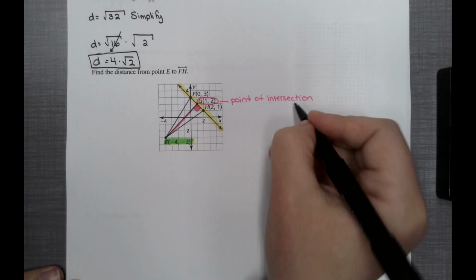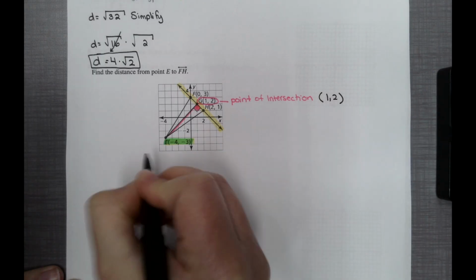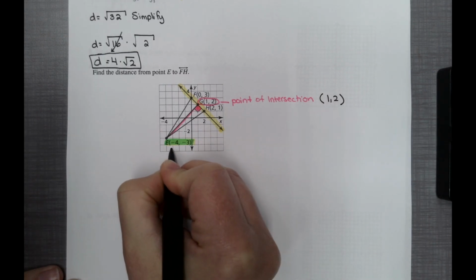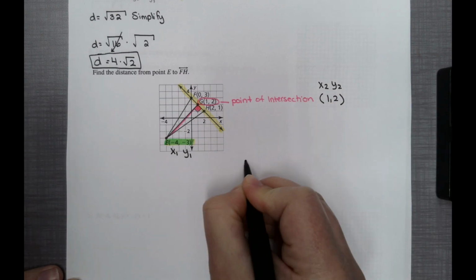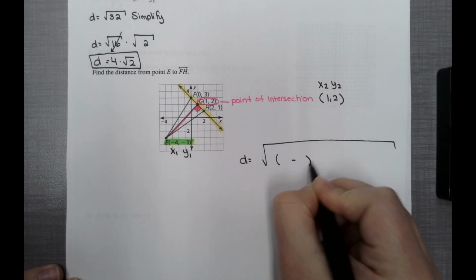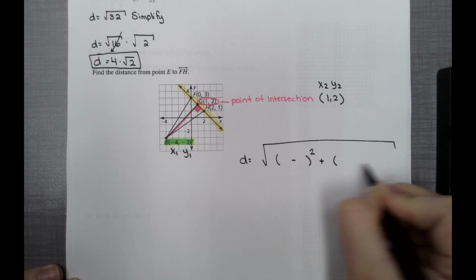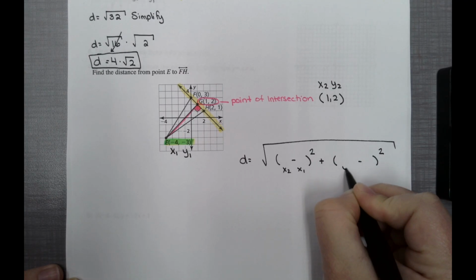So the point of intersection, with the right angle, is 1, 2. The point here is -4 and -3. So I'm going to do x1, y1, x2, y2, writing out the distance formula: x2 minus x1 quantity squared plus y2 minus y1 quantity squared. Take the square root.